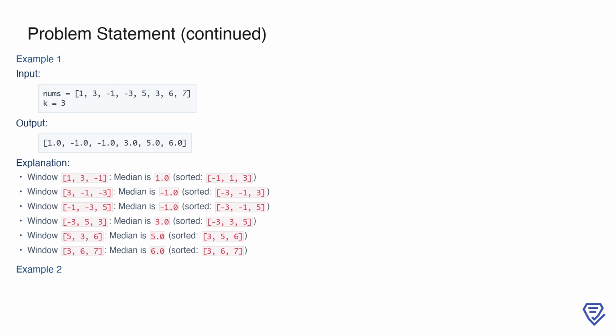Similarly, for the next window, -1, -3, 5, the sorted order is -3, -1, 5, and the median remains -1.0. As the window slides further, we compute the medians for -3, 5, 3; 5, 3, 6; and 3, 6, 7 as 3.0, 5.0, and 6.0, respectively. This example illustrates how the median changes as the window slides over the array.